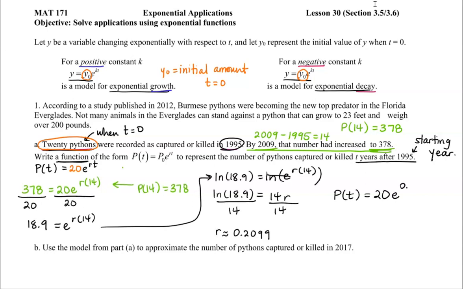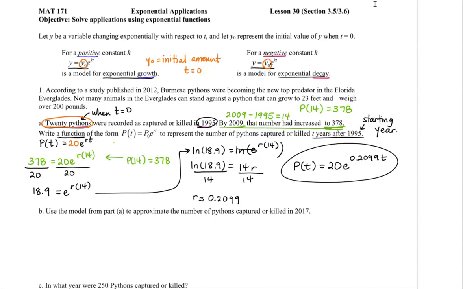So our final answer for the function is P(t) equals 20, the initial amount, e to the 0.2099t. Part B asks us to approximate the number of pythons captured or killed in 2017. In 2017, t is equal to 22. We know that 1995 was year 0, so we subtract 1995 from 2017, which gives us 22 years.